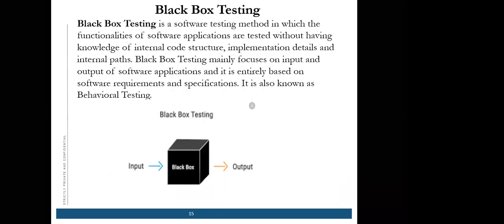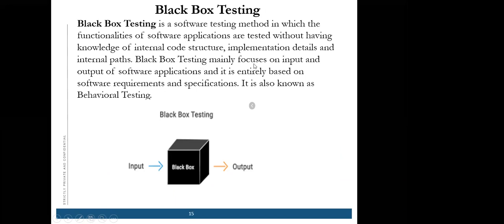Okay, so next I will explain about black box testing. Black box testing is a software testing method in which the functionality of a software application is tested without having knowledge of the internal code structure, the implementation details, and the internal paths. We do not know those things, and we just start testing.